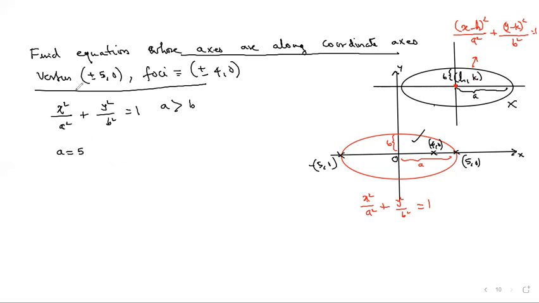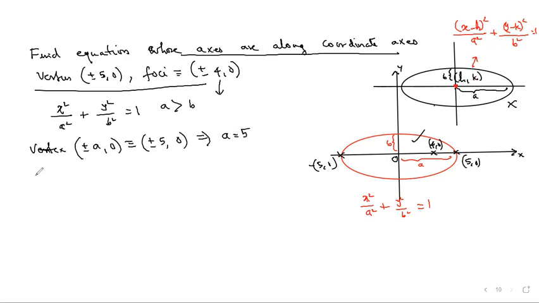Why is a's value 5? Because vertex is a, 0. And AE is 4. Why is AE 4? Okay, I'll do one. Vertex is plus or minus a, 0, which is given to be plus or minus 5, 0, which implies a's value is 5.